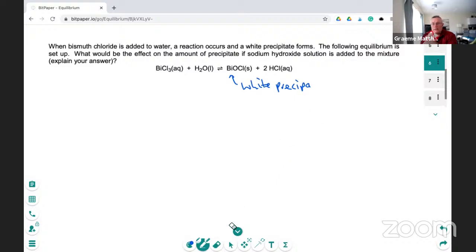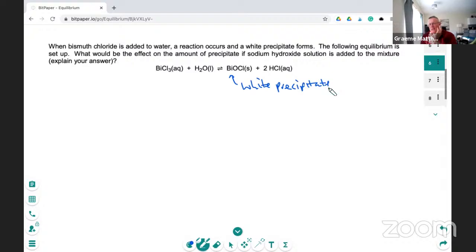The following equilibrium mixture is set up. We don't do heterogeneous systems at A level, but they give us this one. And it says, what would be the effect on the amount of precipitate if sodium hydroxide solution is added to the mixture?